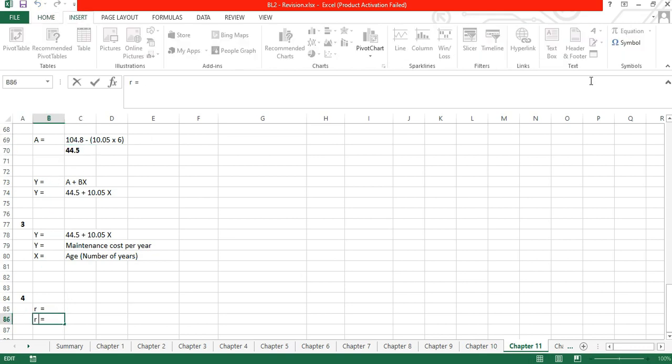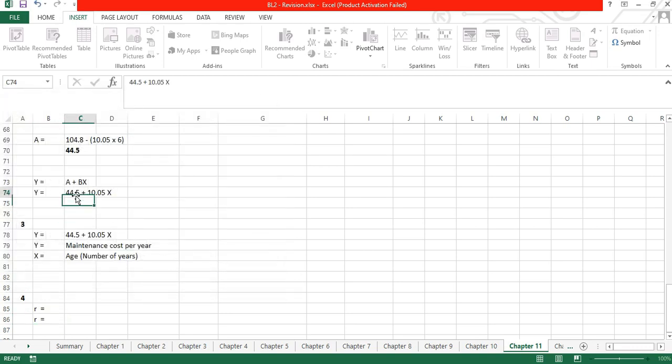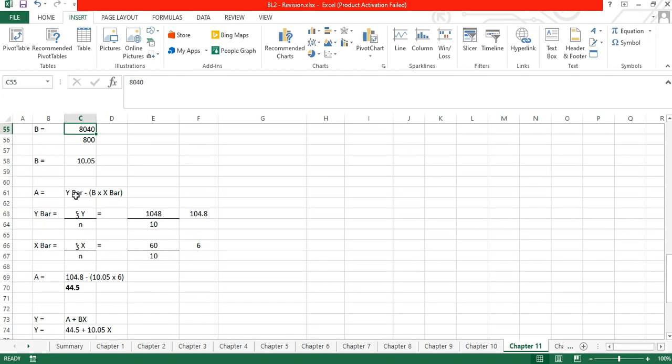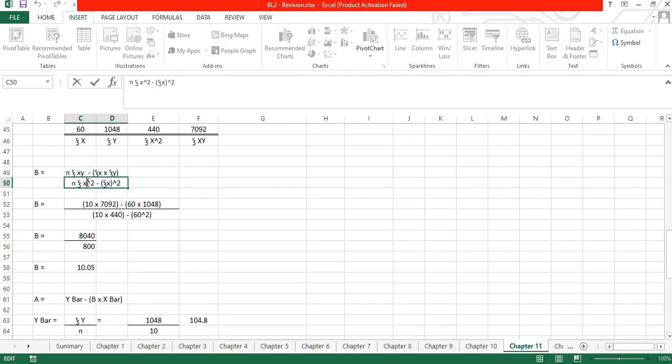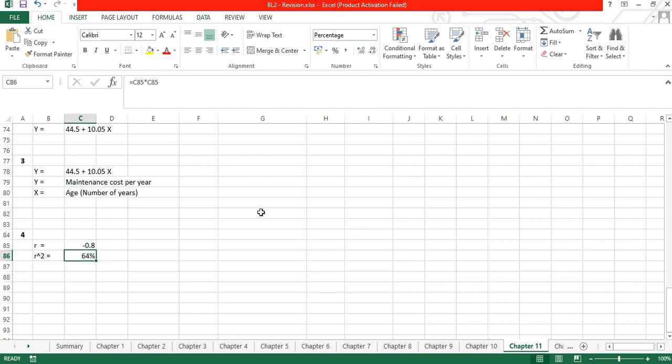R to the power 2. So R currently is minus 0.8, but what will be minus 0.8 into minus 0.8? 64 percent.